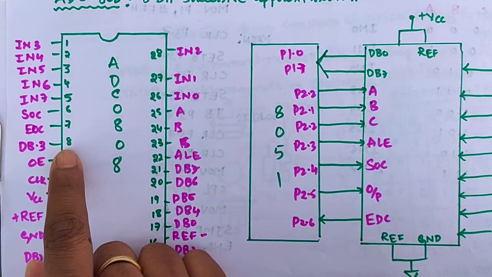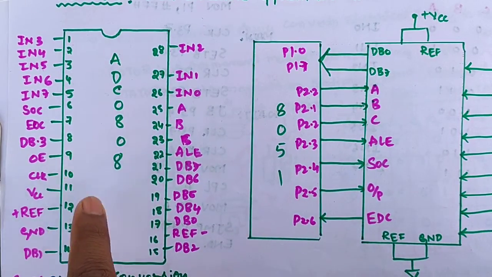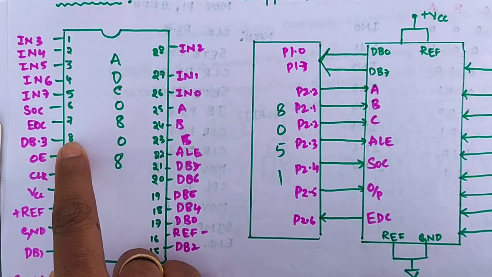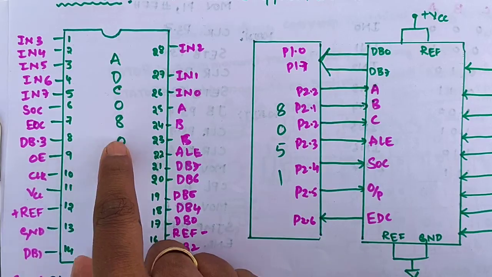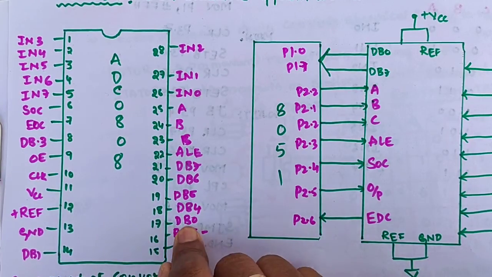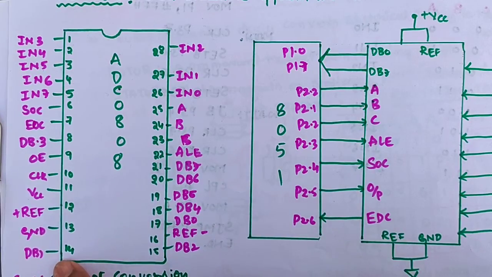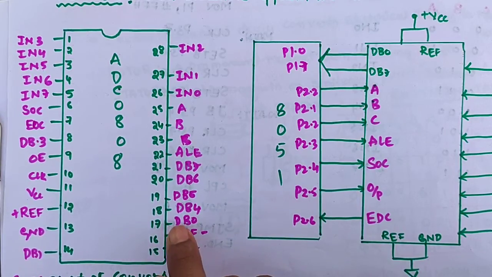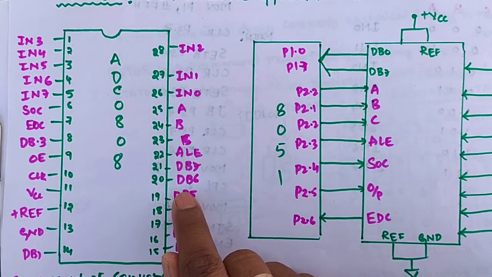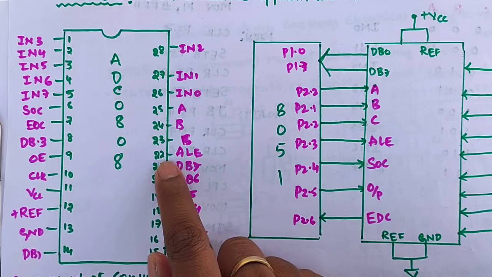The output pins are the data lines, that is data bits DB0, DB1, DB2, DB3, DB4, DB5, DB6, DB7.